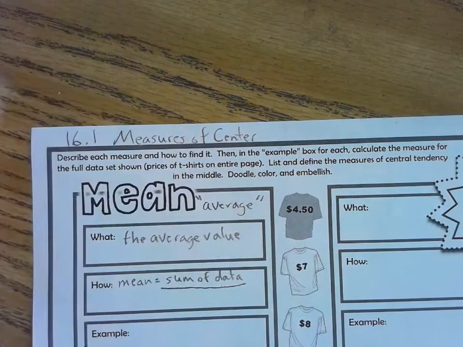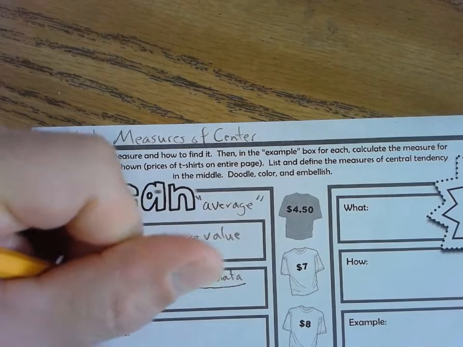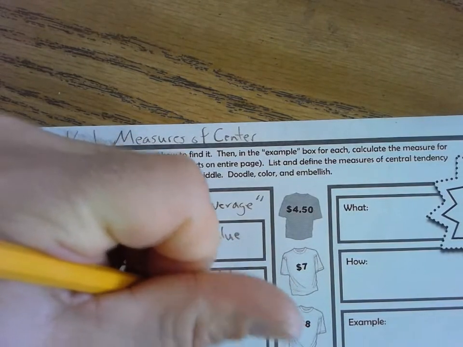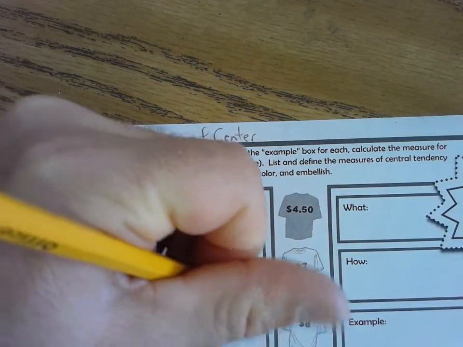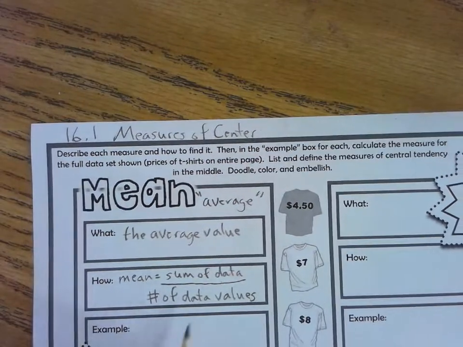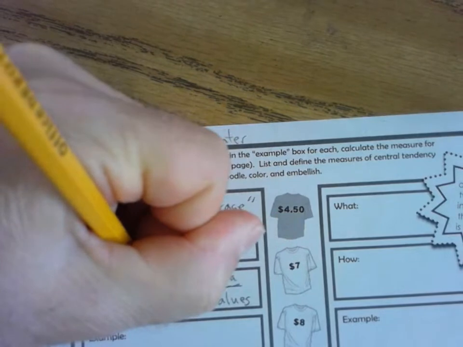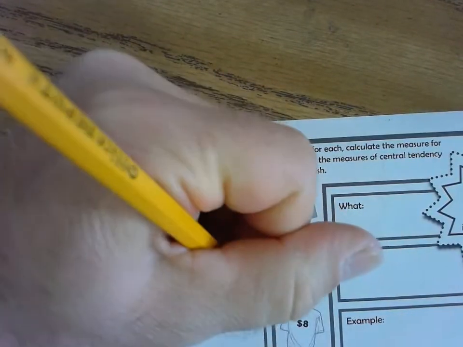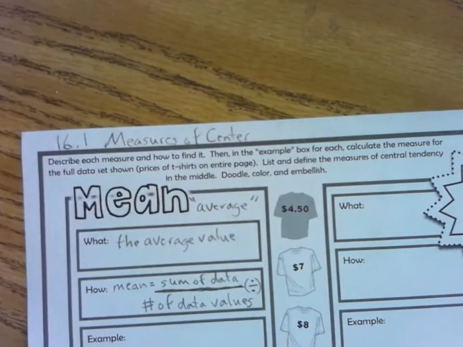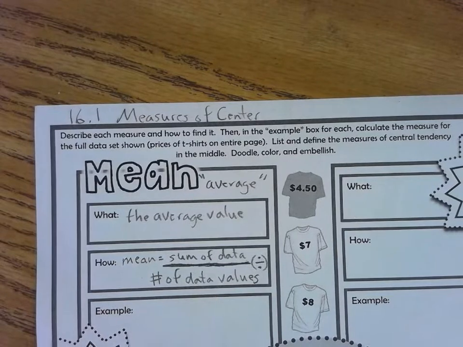The sum of data divided by the number of data values. This line is division, divided by the number of data values.